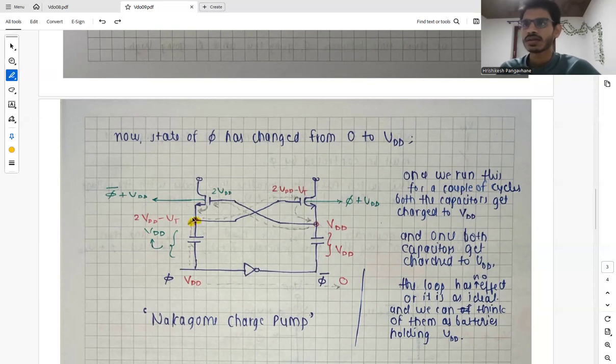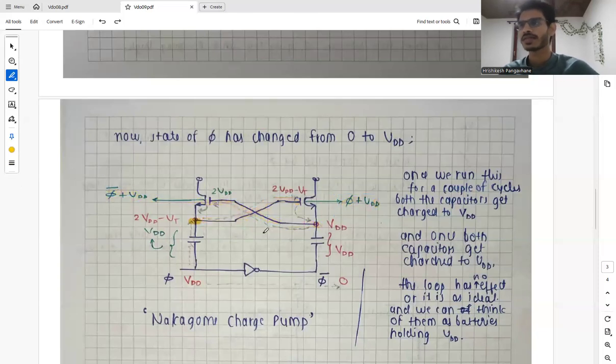So at this node, we have phi plus VDD, and at this node, we have phi bar plus VDD.